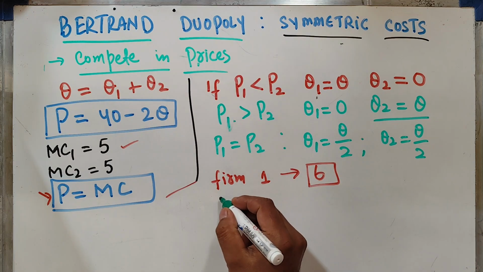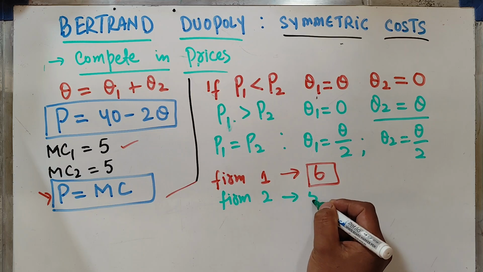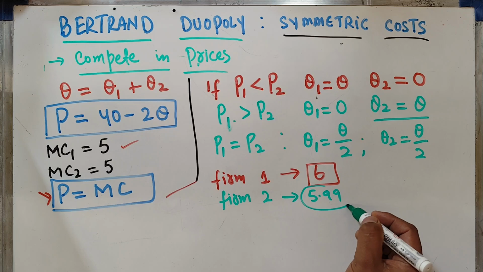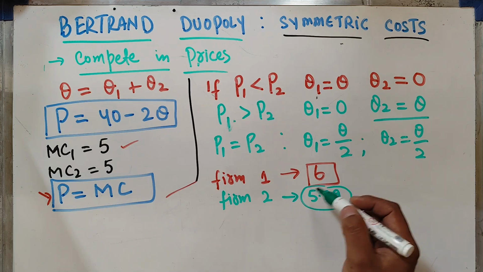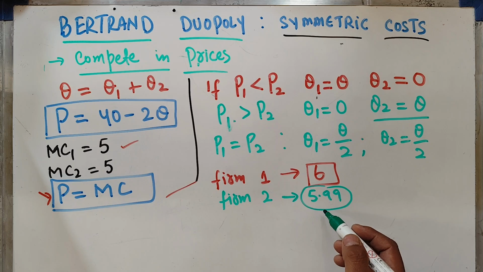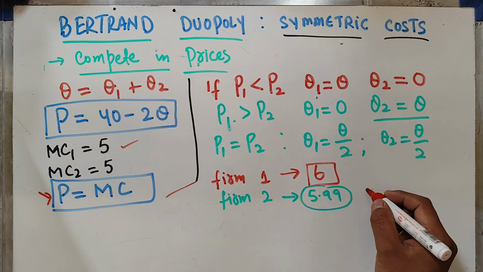Firm 2 can charge a price of $5.99 and capture all the market.